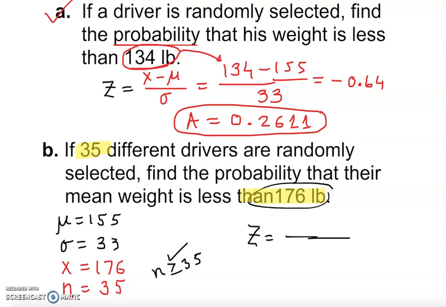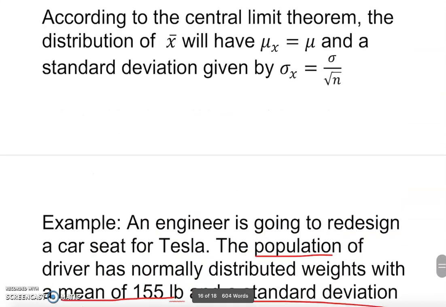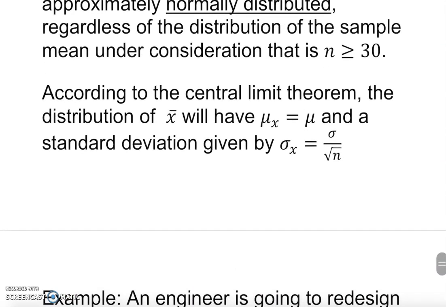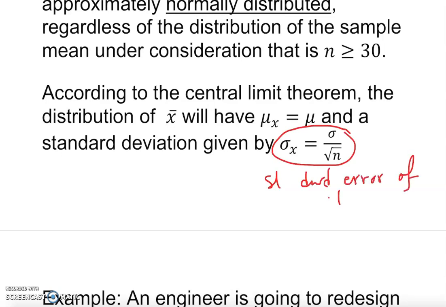So z is equal to x minus the mean over something. Here we have to follow the central limit theorem. So what does the central limit theorem say? Look at this here, the standard error of the mean. So we use this piece here actually. This is also called the standard error of the mean.